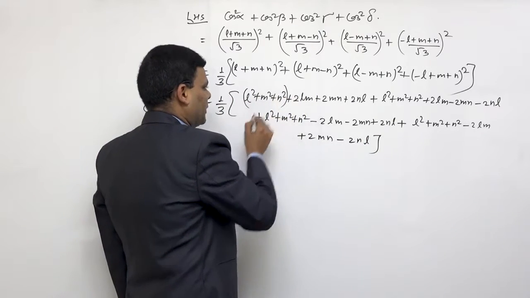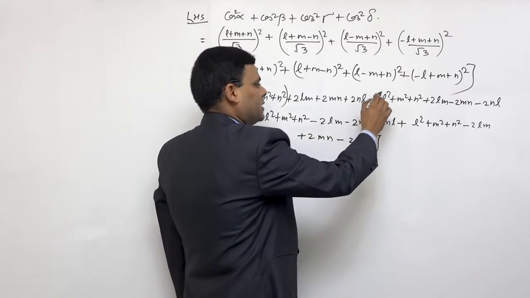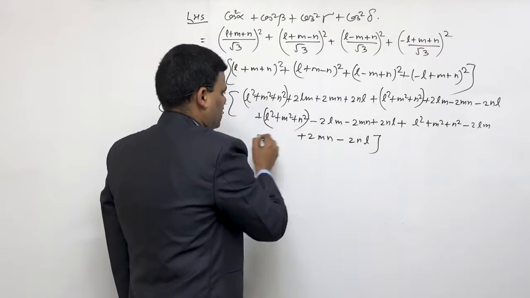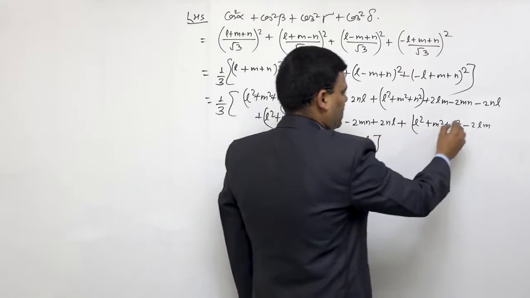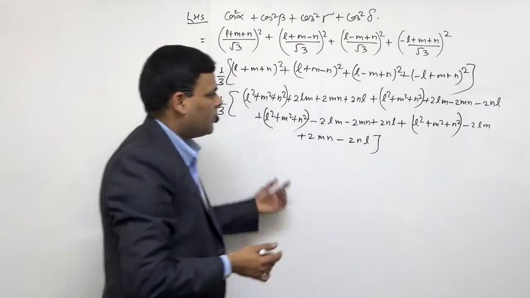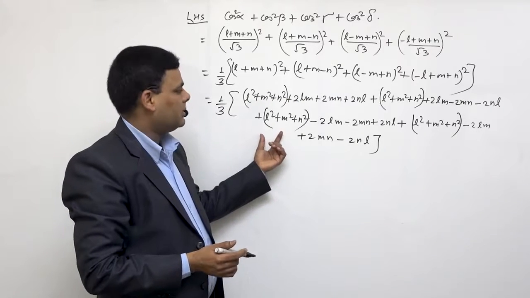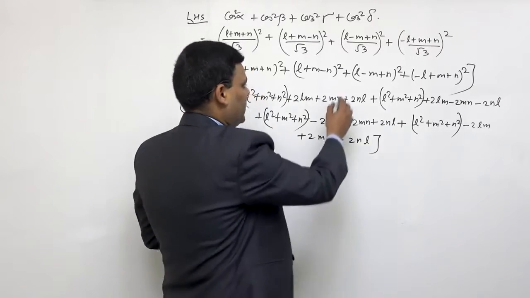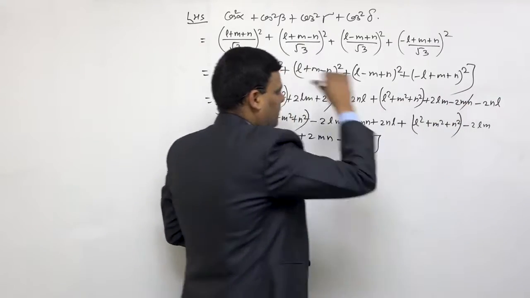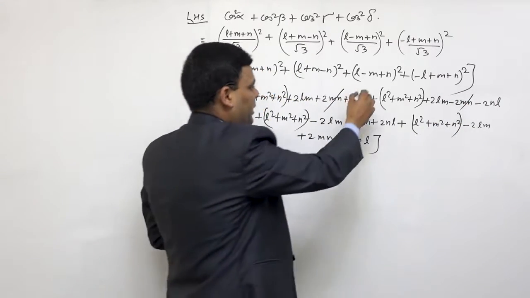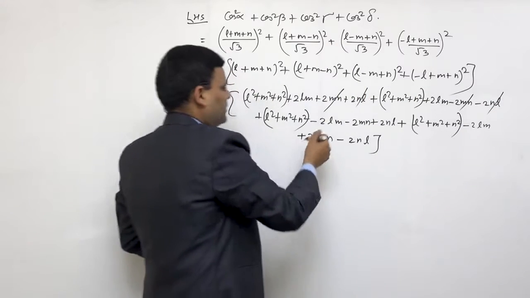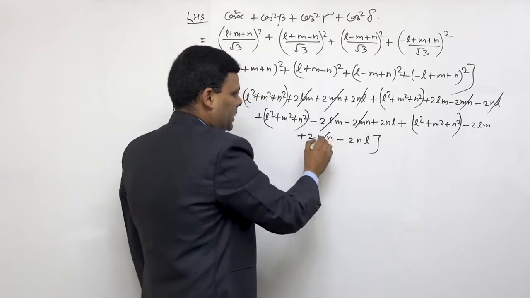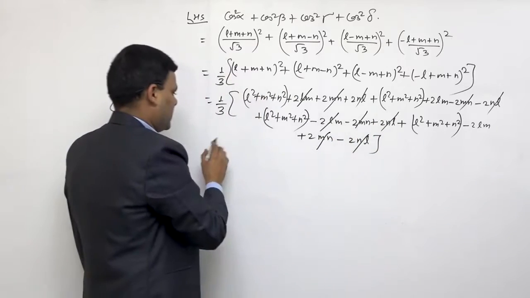So we know that the value of L square plus M square plus N square equals 1. So we can separate them by putting inside the small bracket. Here 2LM, 2MN cancel भयो, similarly 2NL पनि यहाँ cancel भयो, similarly 2LM पनि cancel भयो, 2MN पनि cancel भयो, यो सब cancel भयो.